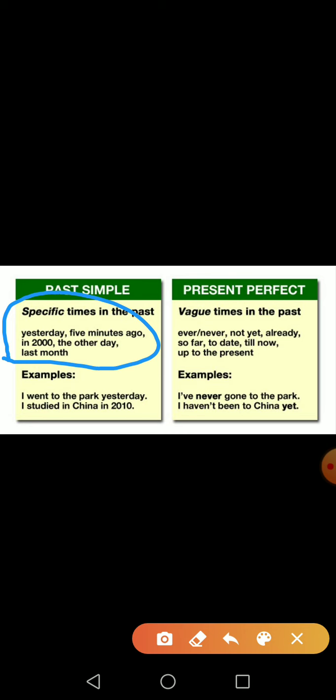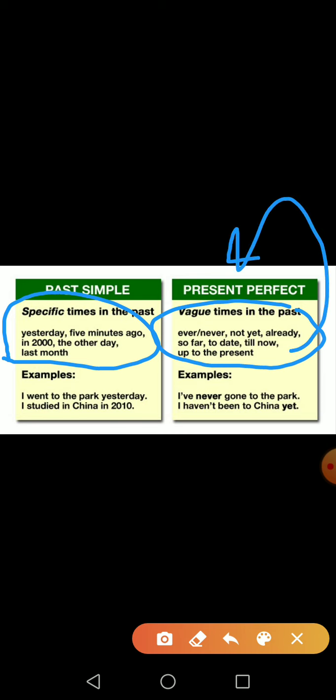So it is past simple. And all of these words show us that we have to use the present perfect, and they don't show us the time. They show us vague times. But this one shows us specific times, or in other words, a definite time.